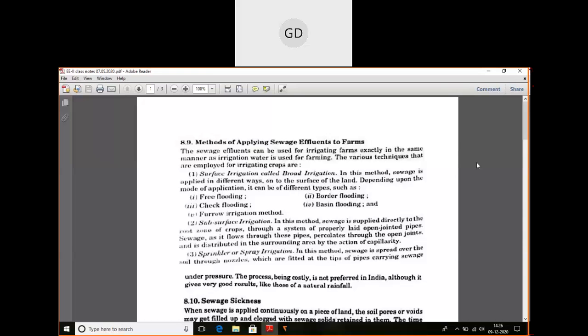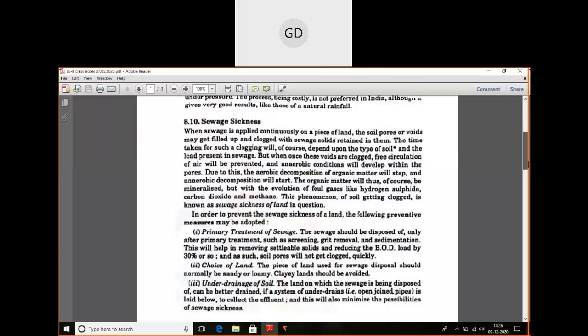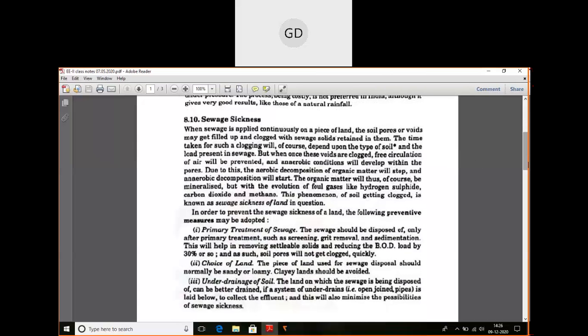Next is sewage sickness. So what is sewage sickness? When sewage is applied continuously on a piece of land, the soil pores or voids get filled up and clogged with the sewage solids retained in them.